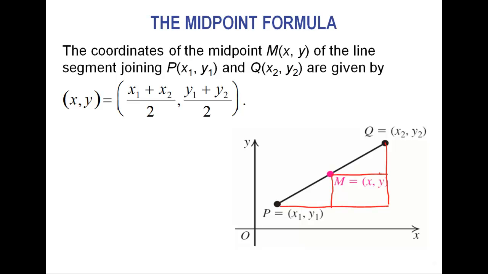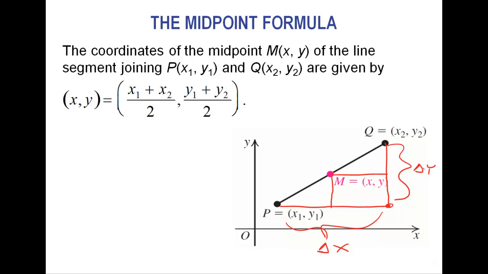You've got this idea of, well, I know that the overall distance from P to Q in the horizontal is going to be my change in x, right? That's how much x is changing. And I know this distance here is going to be my change in y.